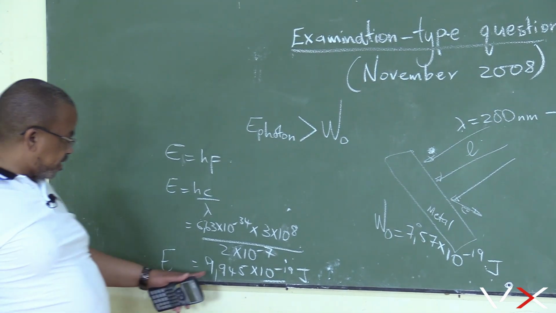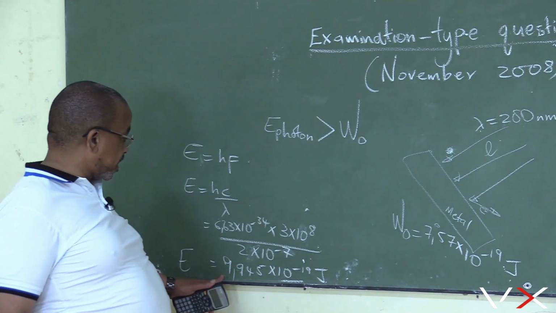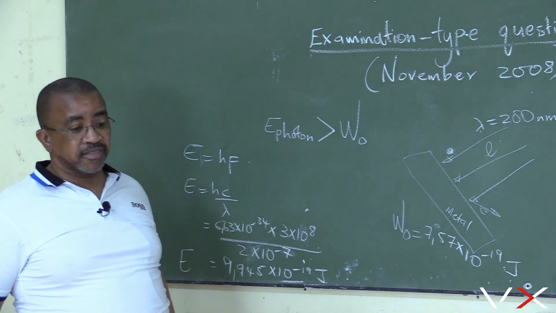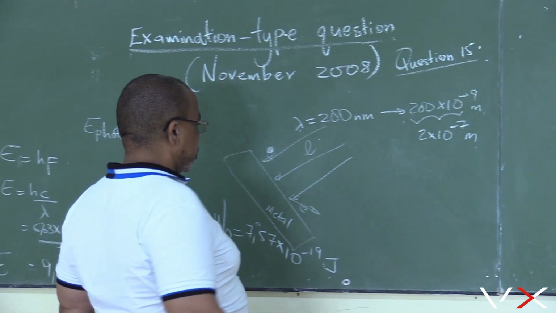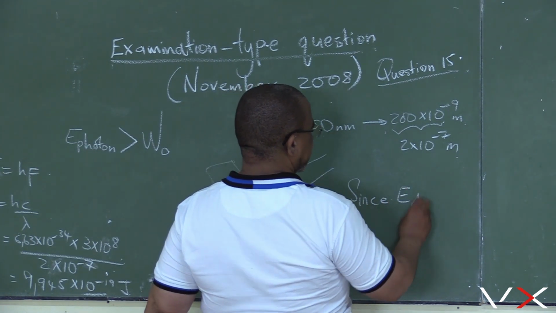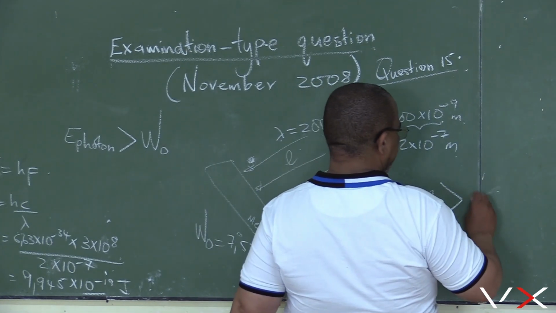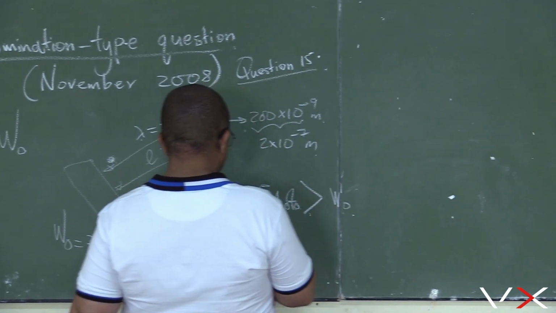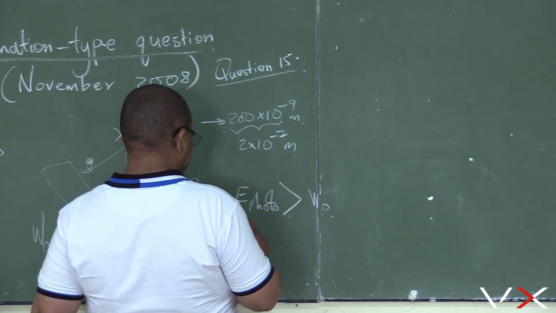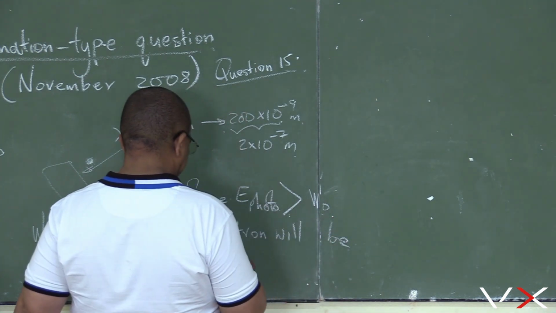You see the energy of light is greater than the work function, so electrons will be emitted. So we can say, since the energy of a photon is greater than the work function, this implies that electrons will be emitted.